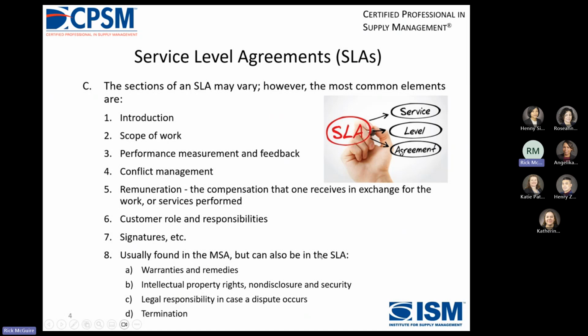These are usually found in the MSA, which is the bigger document, but they can also be put in the SLA. Warranties and remedies, intellectual property rights, legal responsibility in case of disputes, termination. See, that's like our LTA. It's got all that good legal mumbo jumbo in it. The warranty is usually a separate document for most companies.